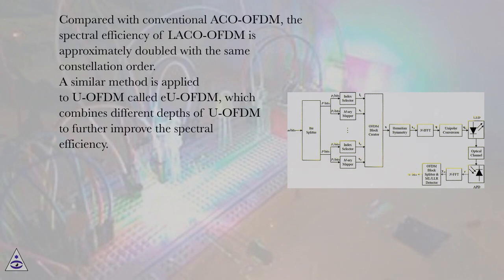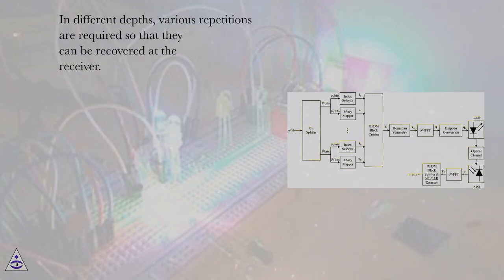Compared with conventional ACO-OFDM, the spectral efficiency of LACO-OFDM is approximately doubled with the same constellation order. A similar method is applied to U-OFDM, called eU-OFDM, which combines different depths of U-OFDM to further improve the spectral efficiency. In different depths, various repetitions are required so that they can be recovered at the receiver.